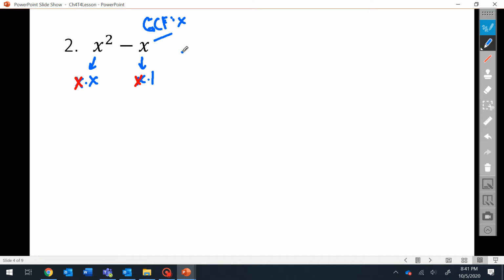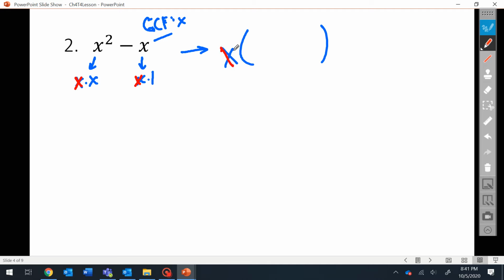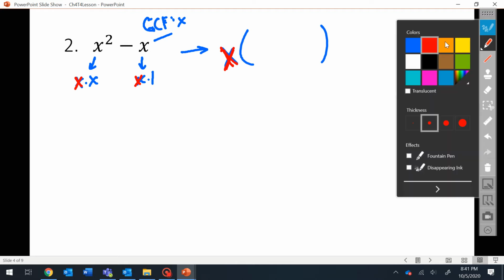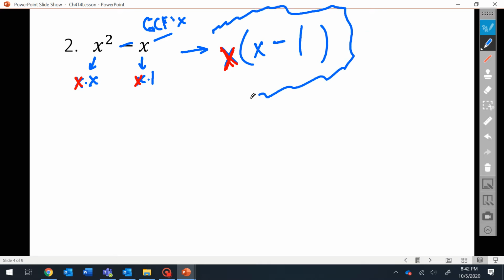So what I'm going to do is bring x to the outside. I'm going to factor the x out. So that x that I highlighted in red, I'm going to factor that out. What I'm going to be left with is what's left here in blue, x minus 1. So this is the factored form, x times x minus 1.